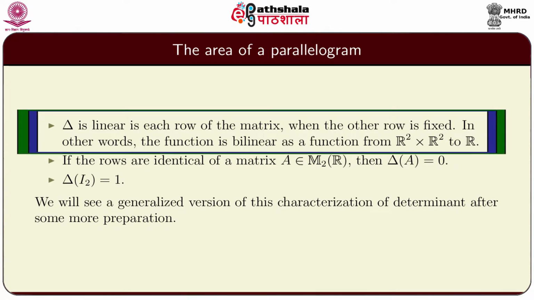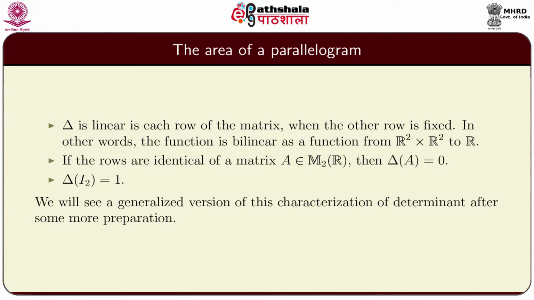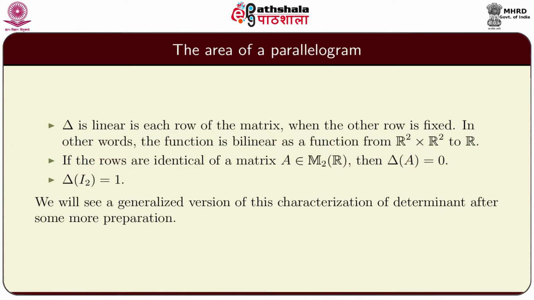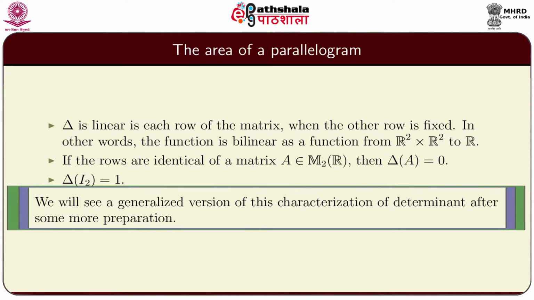In other words, the function is bilinear from M2R to R, or as a function from R2 cross R2 to R, and if the rows of a matrix A are identical, then delta of A is 0, and delta of I2 is 1. I2 stands for the 2 cross 2 identity matrix. We will postpone the proof because we will see a generalized version of this characterization of determinant after some more preparation.